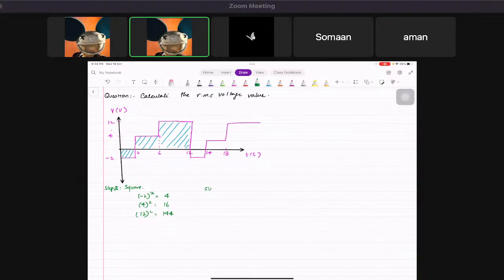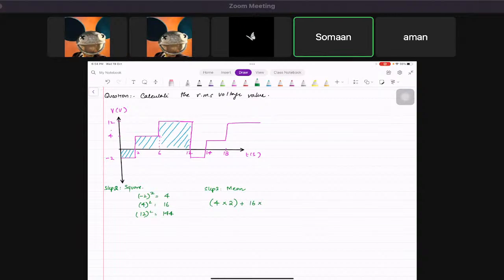Then step 3 was to take the mean. And how do we take the mean? Check this out. The square of 2 is 4. How many seconds did it last for? 2 seconds, right? Then plus the next value, 16. How many seconds did that last for?